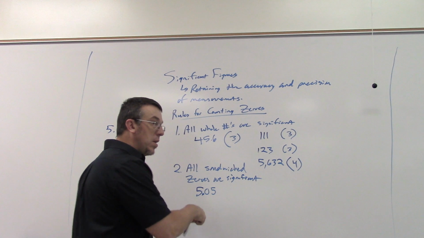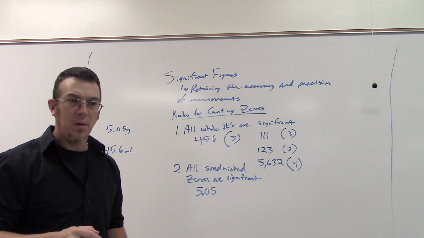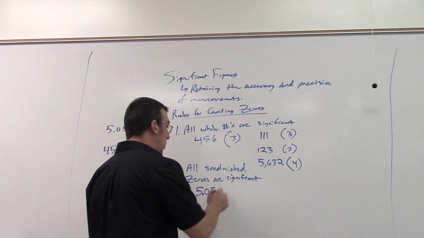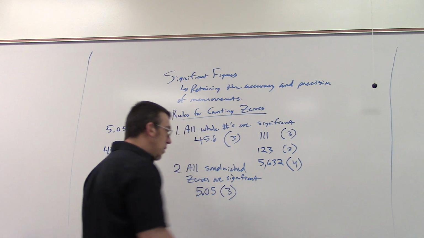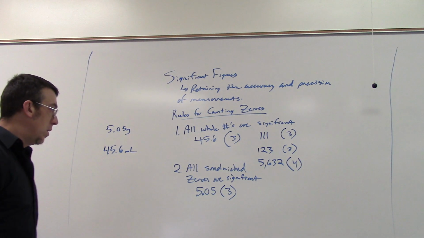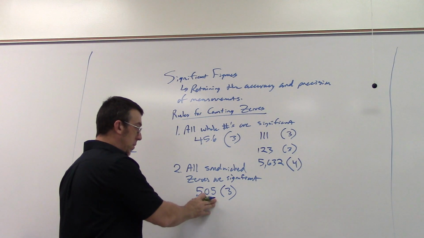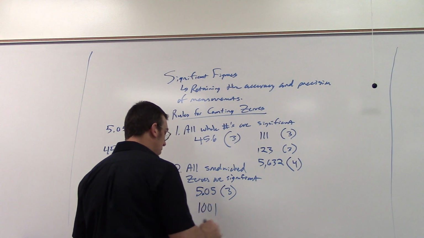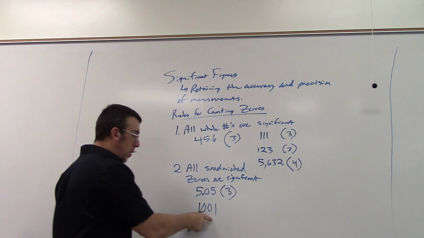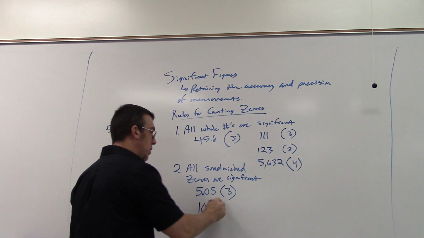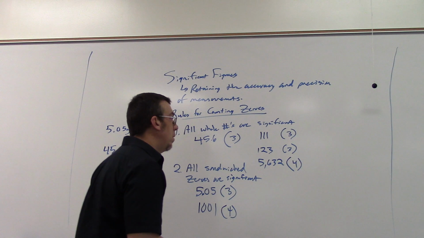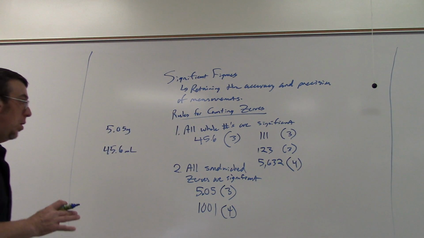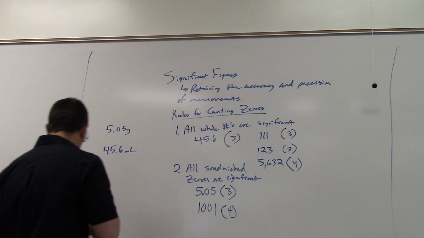So this zero is in between two whole numbers, and anytime you have a zero in between whole numbers, you're going to have that zero be counted as a sig fig. So 5.05 is three sig figs. Now, if I have another number, say 1001, notice that the zeros are in between the two ones, so they are themselves going to count. So that would be representing four sig figs there. So those are the first two rules here, all right?